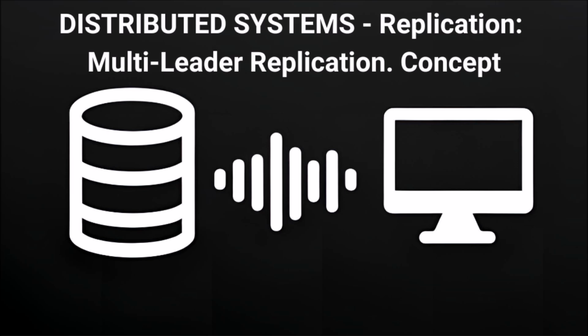So just to quickly summarize our discussion then, we started by looking at the limitations of single-leader replication, particularly in distributed environments like multiple data centers. Then we explored multi-leader replication, where multiple nodes can accept writes, and those changes are shared amongst them. We looked at key use cases, improving performance and availability across multiple data centers, enabling offline client operations like those calendar apps, and even supporting real-time collaborative editing.